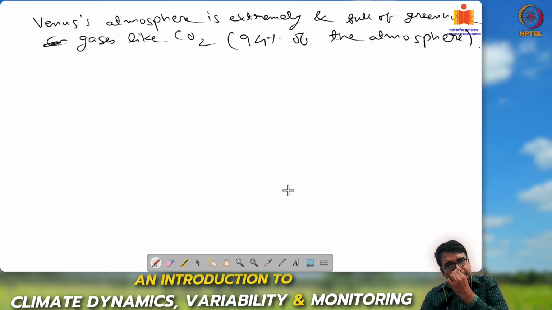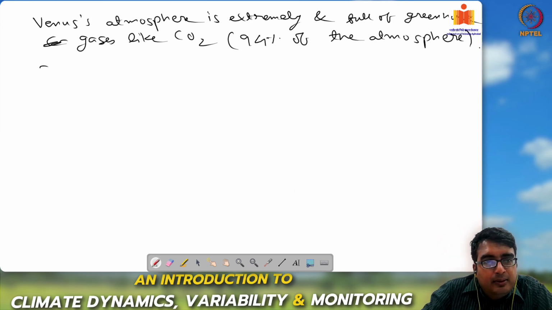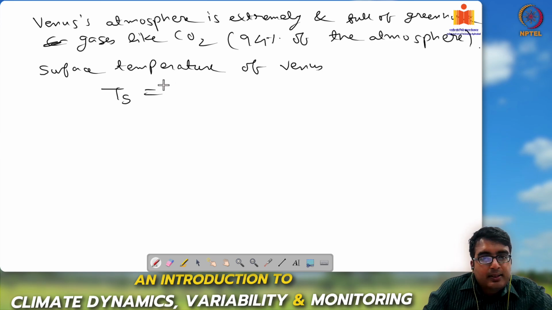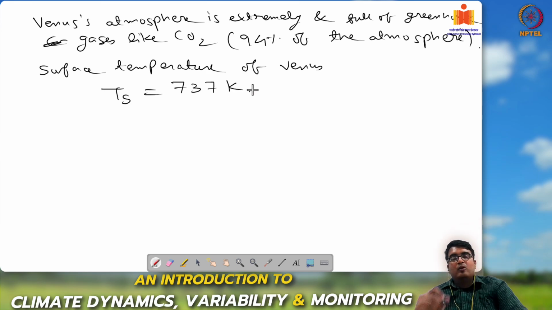As a result, the surface temperature of Venus, TS, is 737 Kelvins, which is close to 450 degrees centigrade. 450 to 470 degrees centigrade.